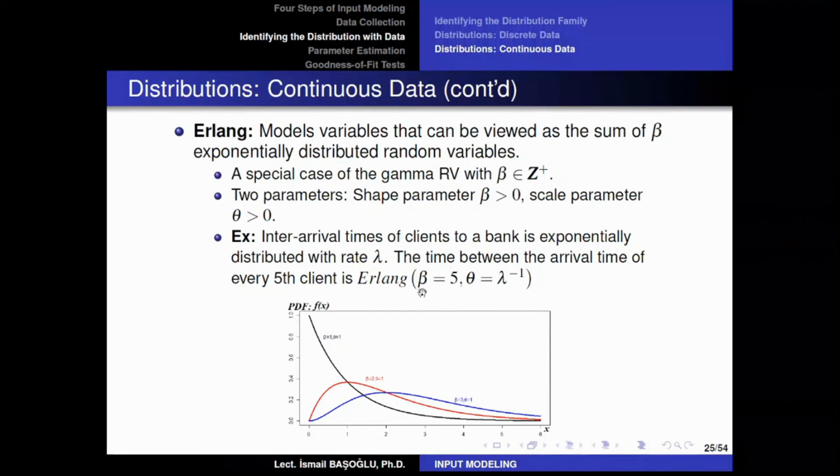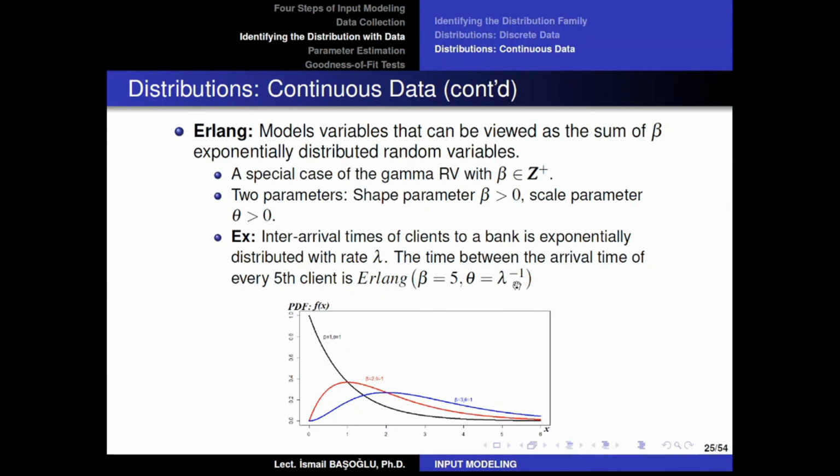So beta here, in the Erlang distribution, the integer valued beta parameter is representing how many exponential random variables we are adding up. And theta, the scale parameter, is basically the average time between the arrivals, which is 1 over lambda.